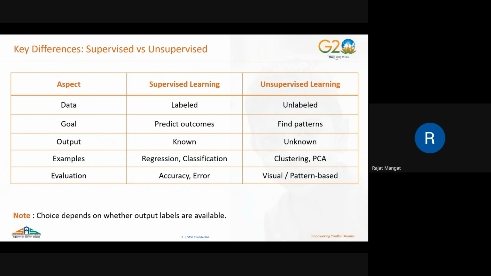Evaluation tells you about the accuracy and error in supervised learning, while in unsupervised learning it is used to find patterns, which can be seen through visuals. So the choice depends on whether the output labels are available. Then you will apply a particular technique there. In simple words, supervised learning has a teacher and unsupervised learning has no teacher. It is learning on its own, as its name suggests.